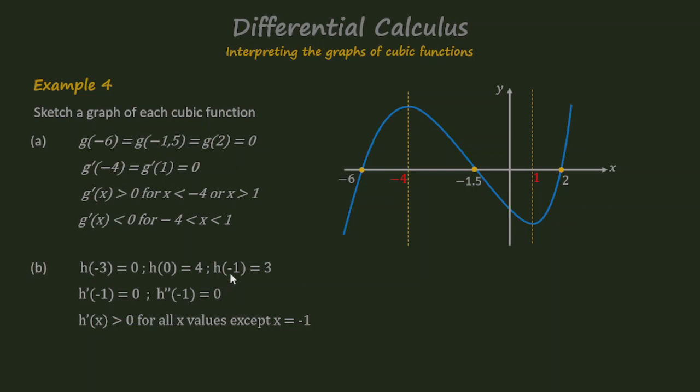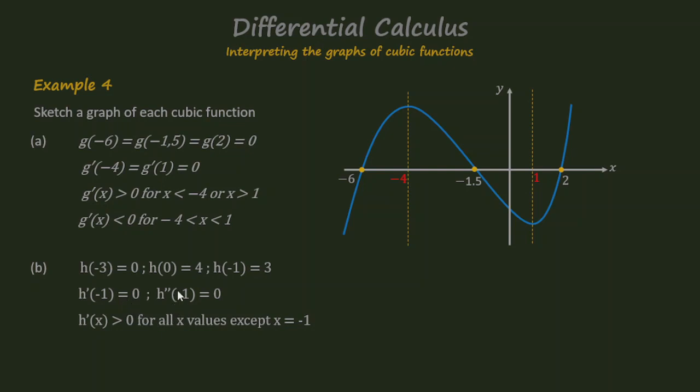Now, if you look at h of minus 1, h of minus 1 is 3, and the first derivative at minus 1 is 0. Now, this tells you that at minus 1 we have a turning point, which happens when y is 3. So we have a turning point there because the first derivative at minus 1 is 0.